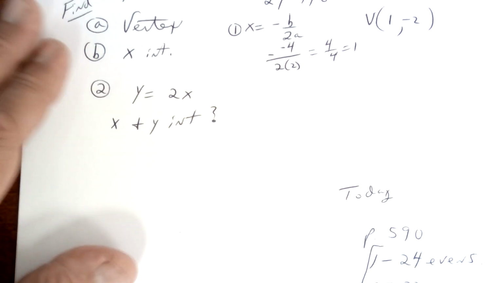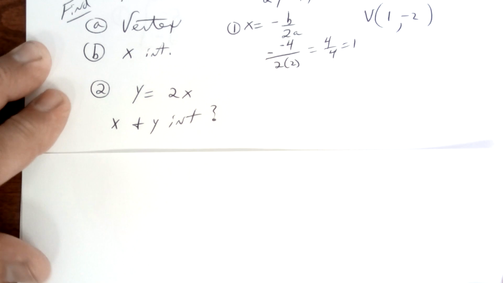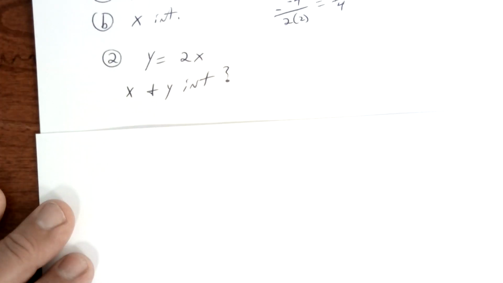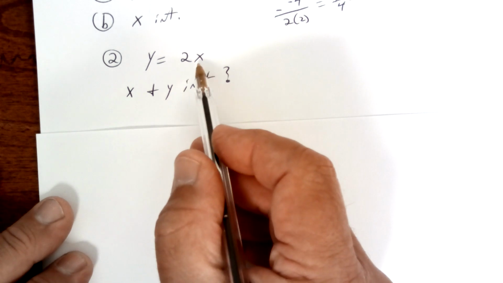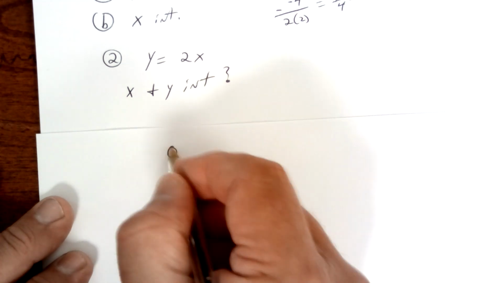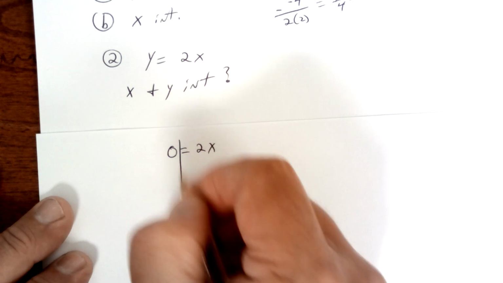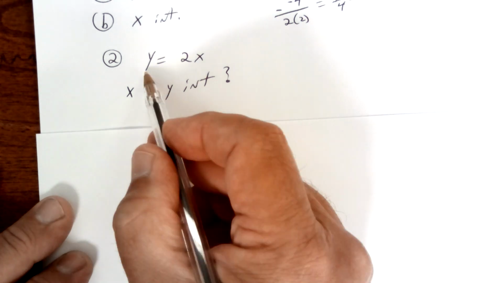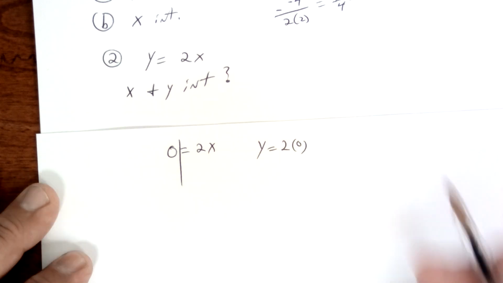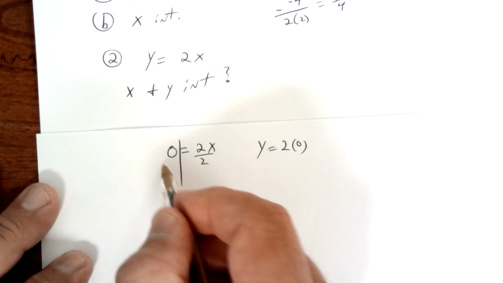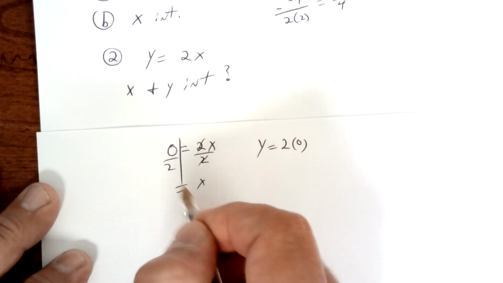Let's go to this one. This one says find the x and the y-intercept. Well, this is a line. So remember, to find the x-intercept, you let y equal 0. And then you work that out. To find the y-intercept, you let x equal 0. Okay? So you're going to divide by 2. So you're going to get x equals 0. That's your x-intercept.